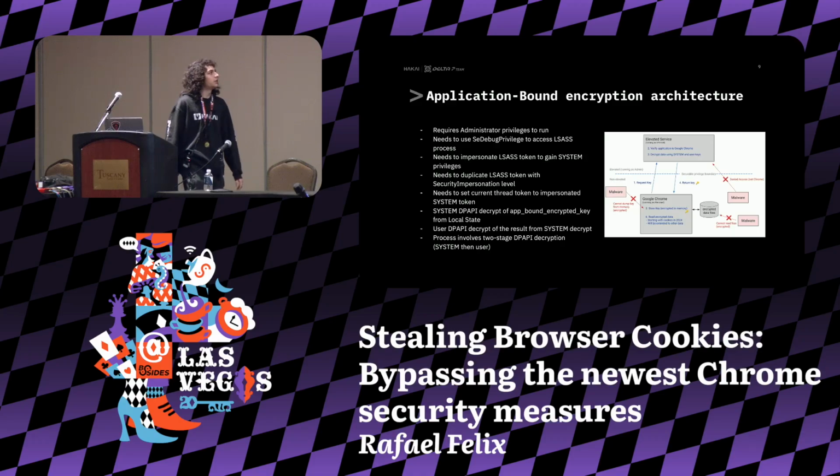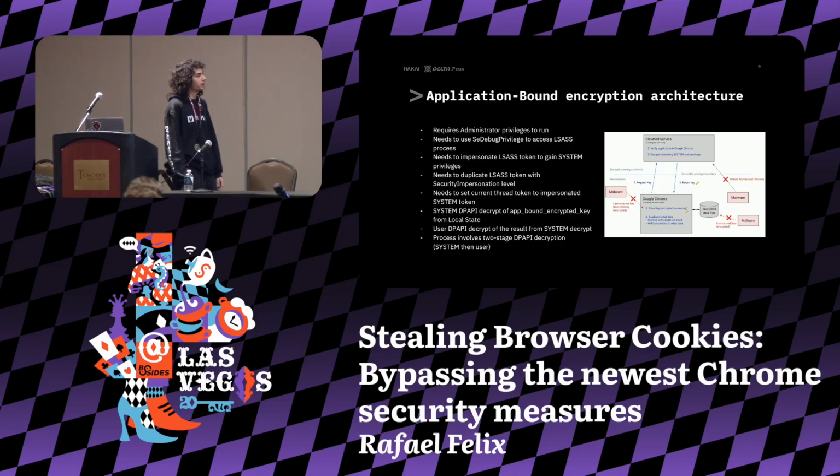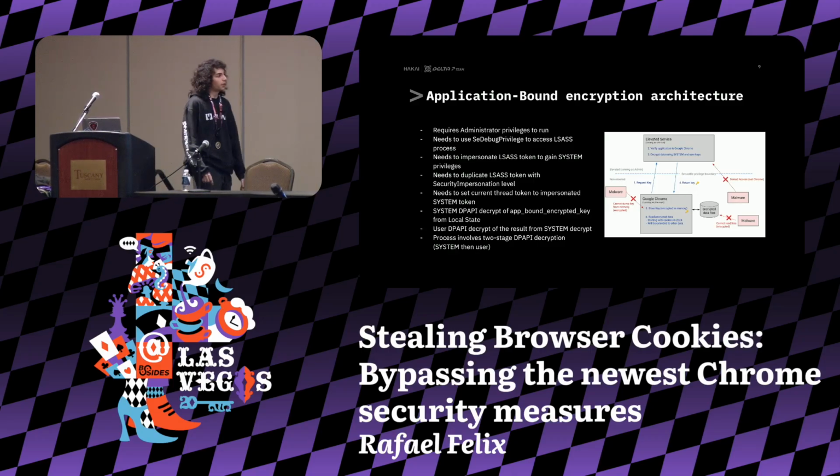So let's get into the application-bound encryption architecture. You can see a diagram here straight from the Google website, actually, when they implemented this security measure. But here I have some key points for us attackers on how we can implement this to steal from application-bound. So first, you need administrator privileges to run. Then we'll need to use SeDebugPrivilege.